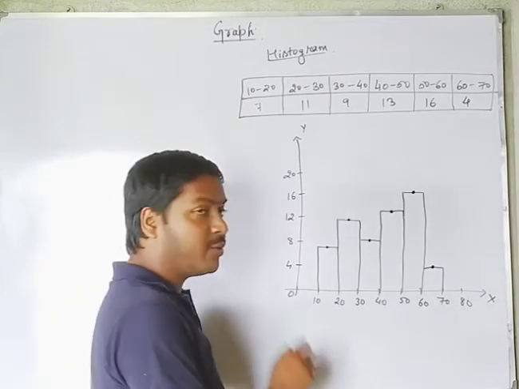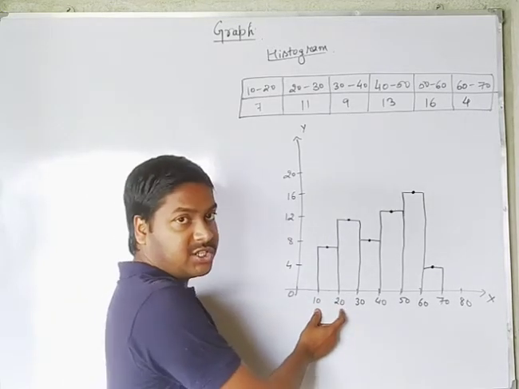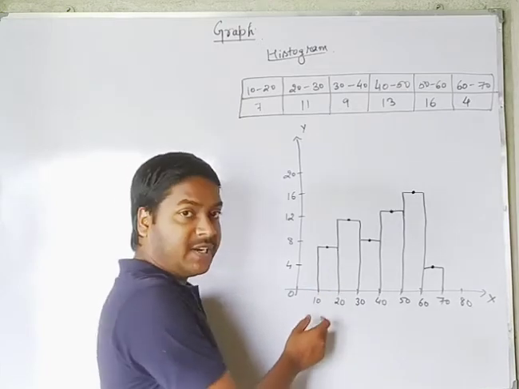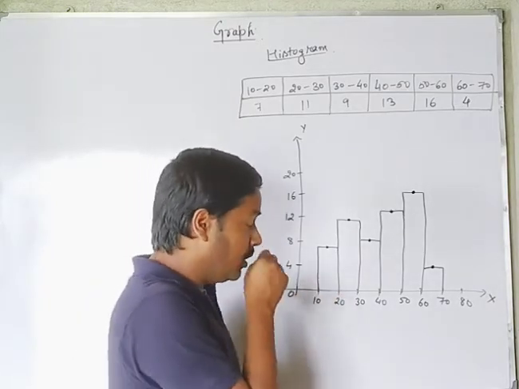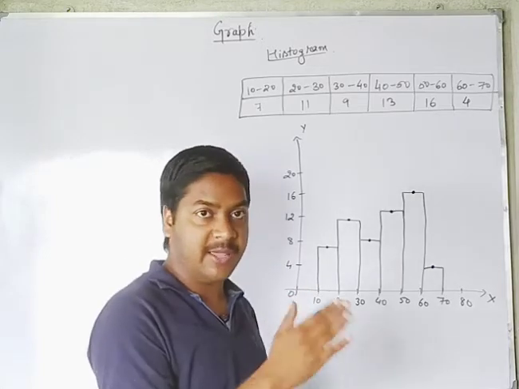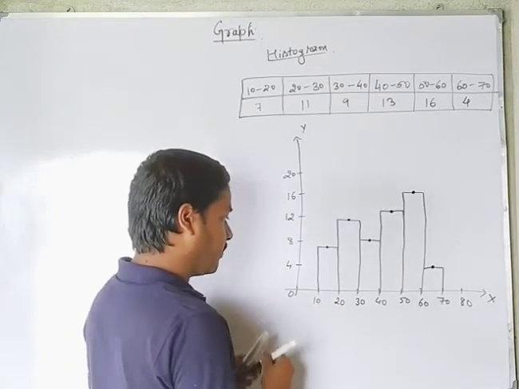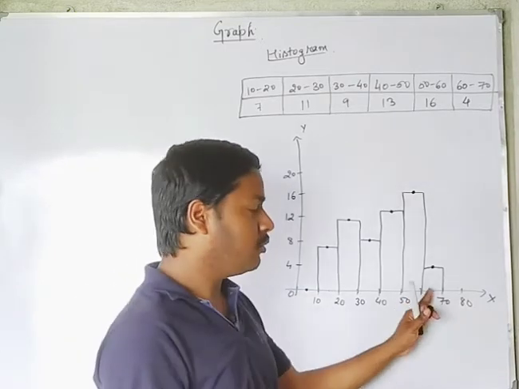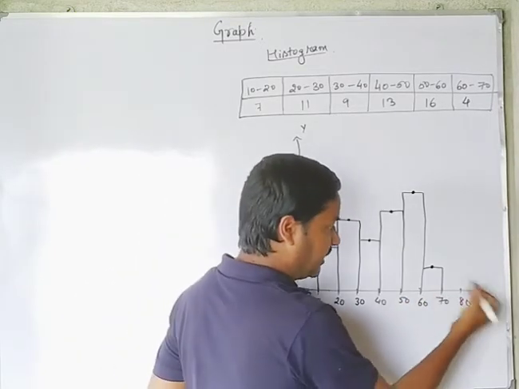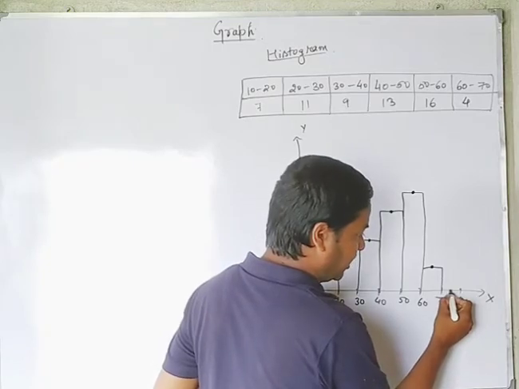For the starting point, whatever the difference is, take half. For 10 to 20, the difference is 10 units, so half of 10 is 5. Go 5 back, it will come here. And here also go 5 ahead: 70 plus 5 is 75.